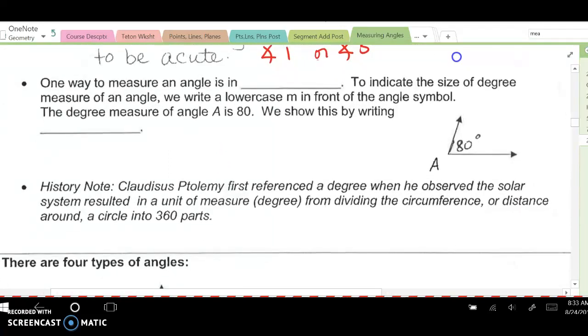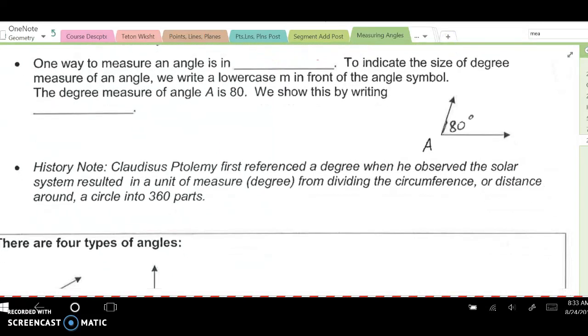One way to measure an angle is in degrees. You didn't know this, but there is another way to measure angles out there. It's called radians. In this class we're just going to measure everything in degrees. It's like the difference between feet and, I guess, meters.